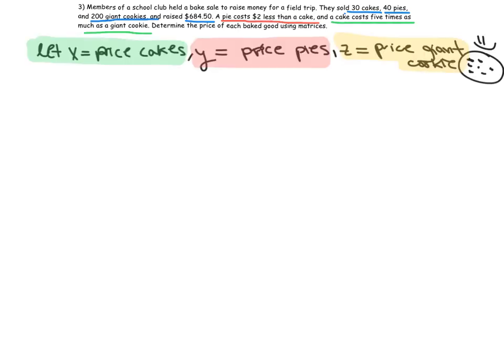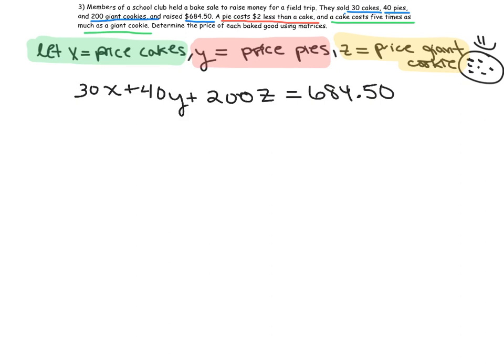All right, so first I'm going to come up with my let statements, so let's do that first. Okay, so there are all my let statements. So the first thing that we know is that they sold 30 cakes, 40 pies, and 200 giant cookies. So we sold 30 cakes plus 40 pies plus 200 giant cookies, and that total amount of money came to $684.50.